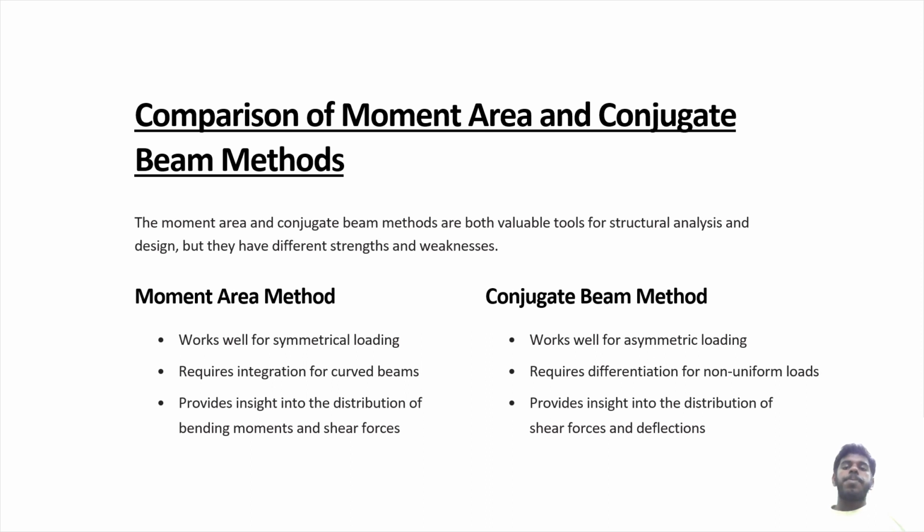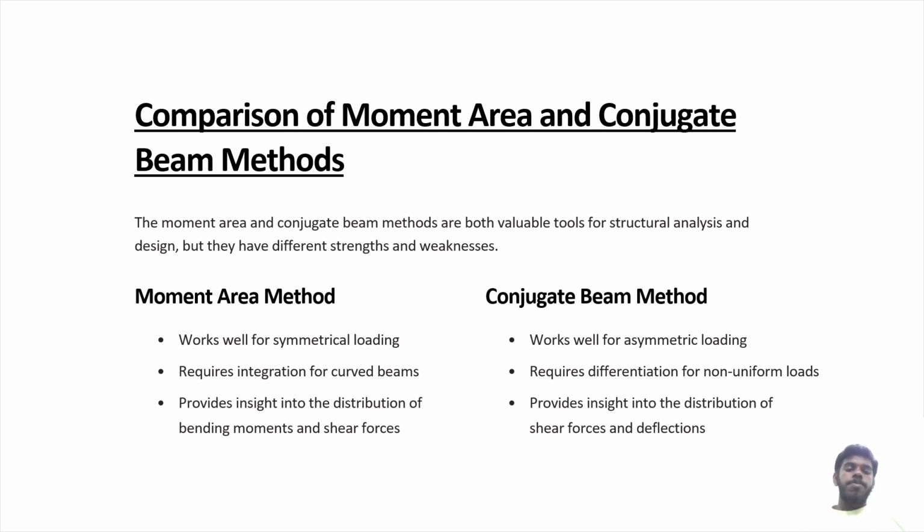Comparison of moment area and conjugate beam method. The moment area and conjugate beam method are both valuable tools for structural analysis and design, but they have different strengths and weaknesses.